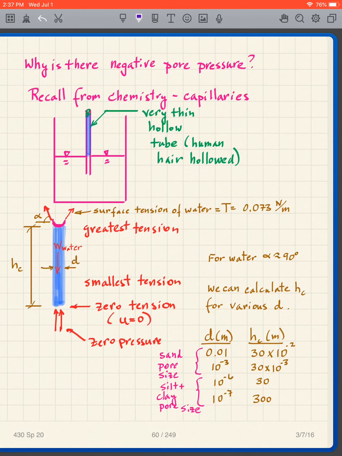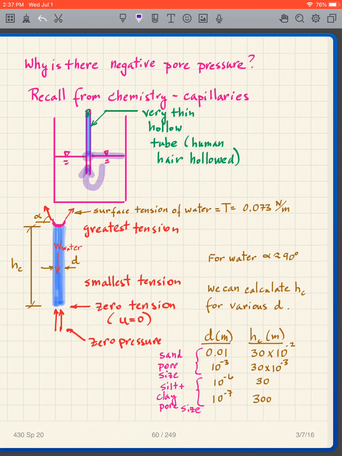If I want to compare the pressure here to the pressure right there at the bottom of our blue water, put it this way: if the pressure here is greater than the pressure at the bottom of that blue water, then what's going to happen? Then there will be flow like that.